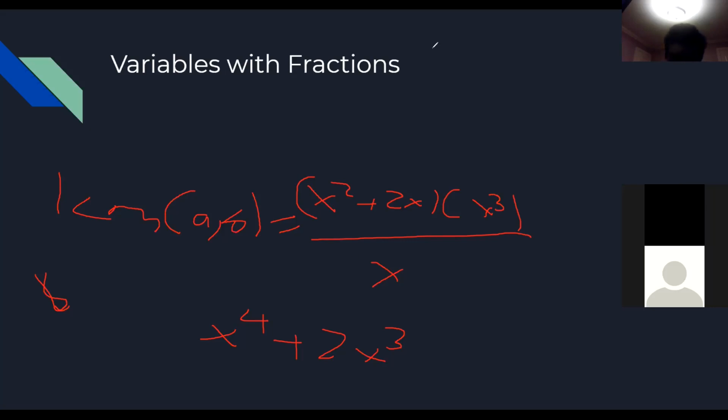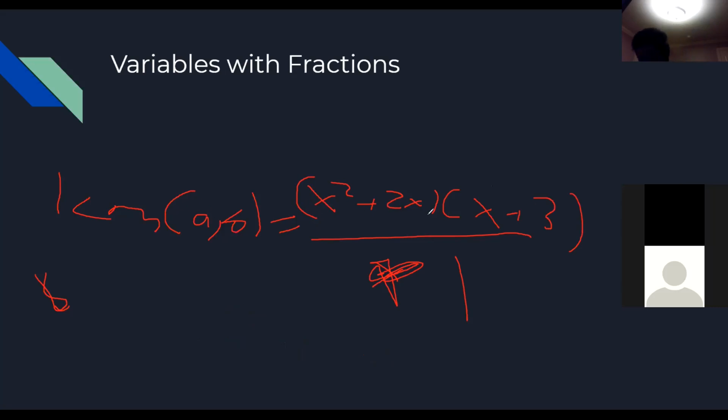If the x cubed was something like x plus 3, then the greatest common divisor would be 1, since nothing divides both of these. So the lowest common multiple, if we had a fraction of x squared plus 2 over x plus 1 over x plus 3, the denominator would be the product of these two.